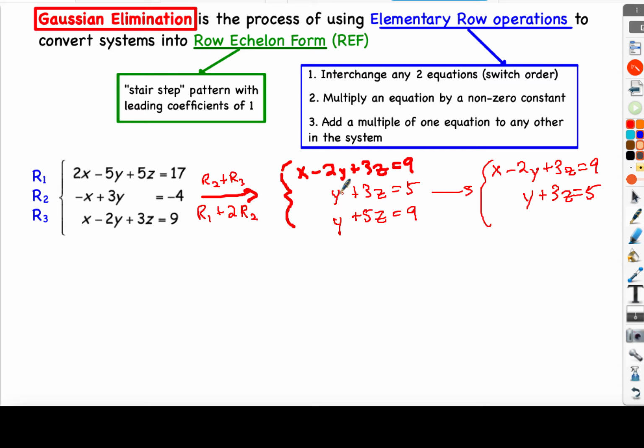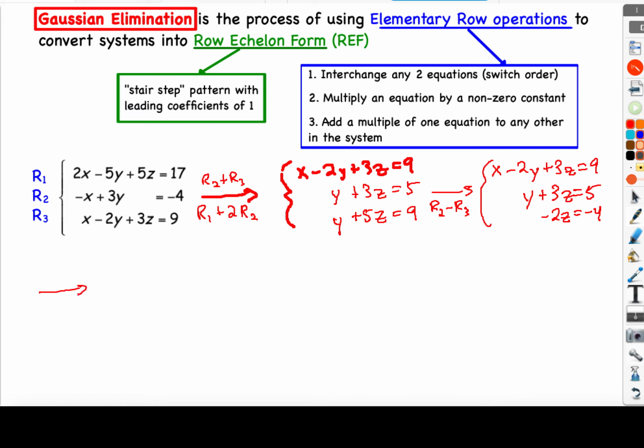Well, since this row is already a positive 1y, why don't we go ahead and just take row 2 and subtract row 3. Y minus y will disappear. That'll be 0y. 3z minus 5 would be a negative 2z. And again, 5 minus 9 would just be simply negative 4.